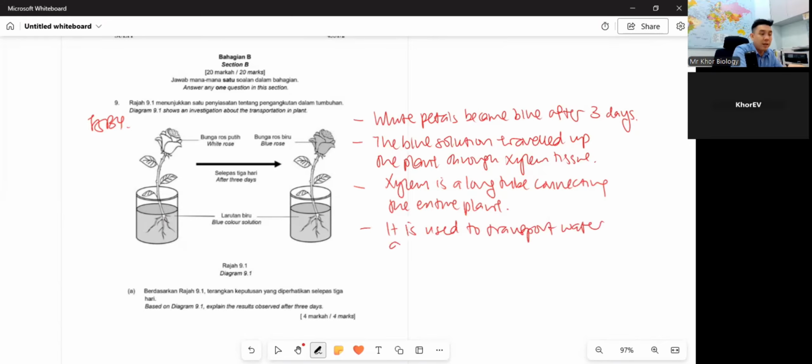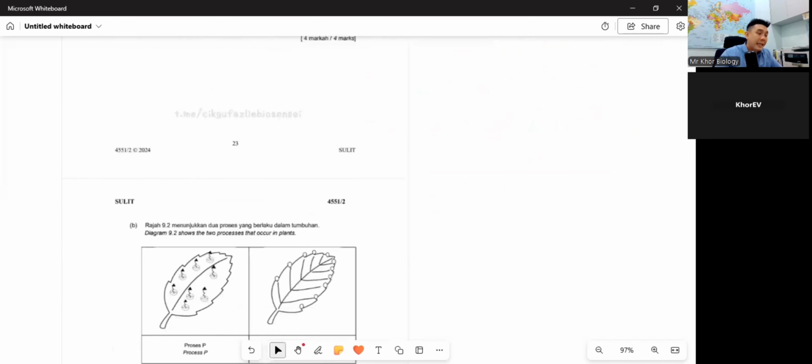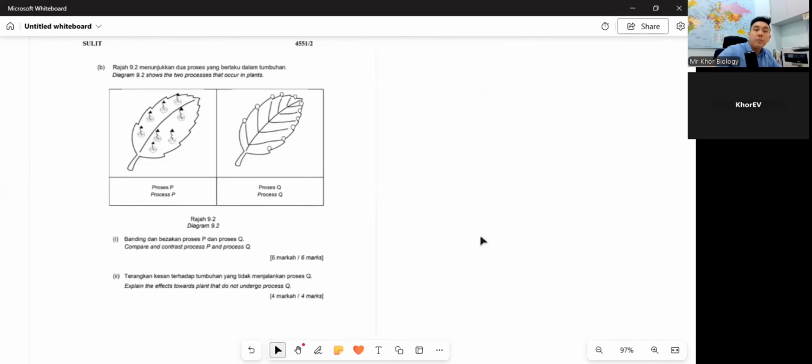So it's just to talk about the xylem, guys. If you really want to talk about transpirational pull, capillary action, by all means, go ahead. It's perfectly fine.